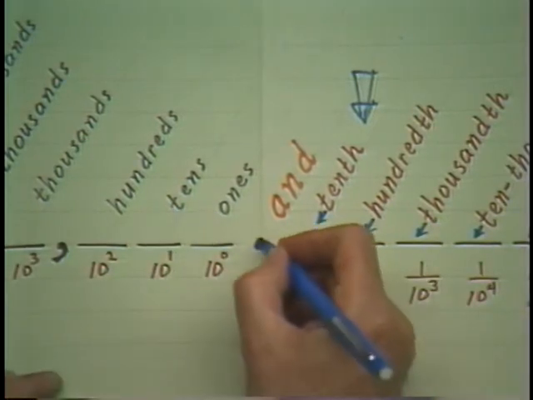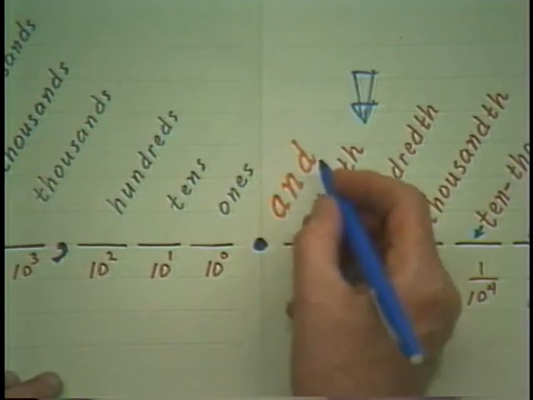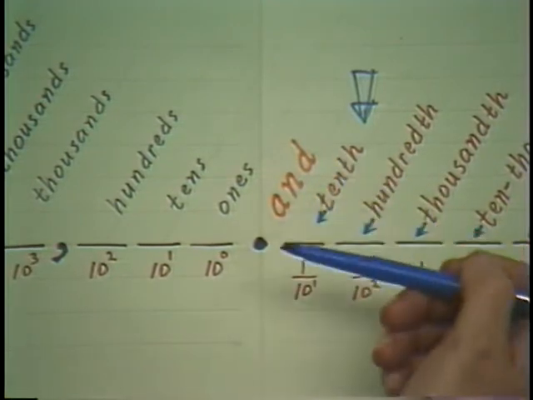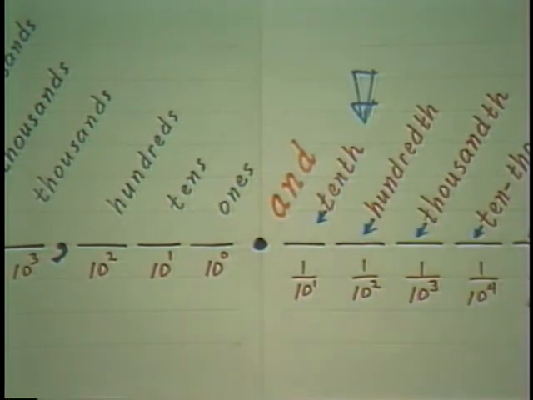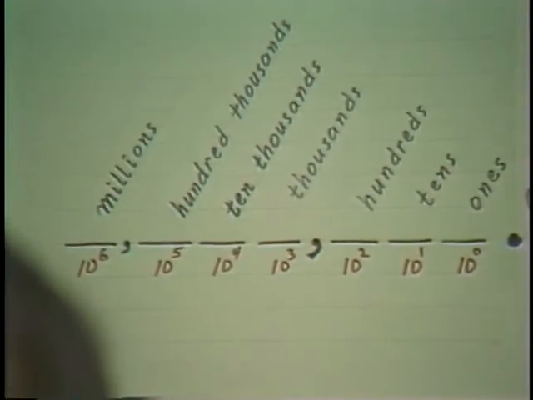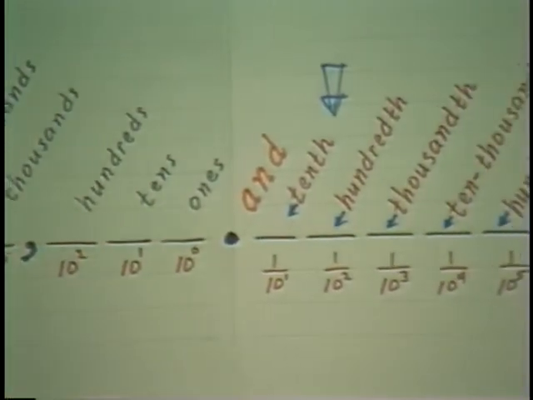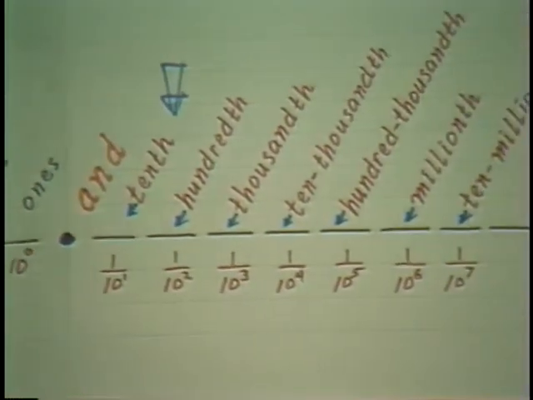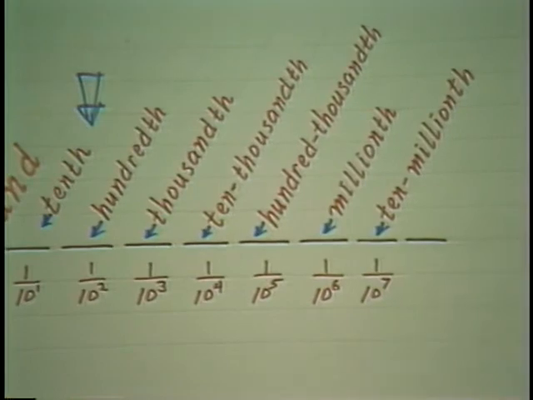And as it will turn out, the decimal point we will verbalize by the word and. Okay, now this system is a very important system to have memorized, particularly those of you who will go on into computer science or math for elementary teachers, or of course mathematics in general.